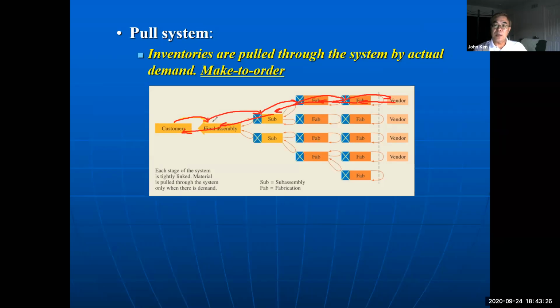So asking, I need a part, I need a component. So it is like pulling the inventory or part. So in a make to order system, inventory is not pushed, it is pulled. So pull inventory or part. So we call this a pull system.